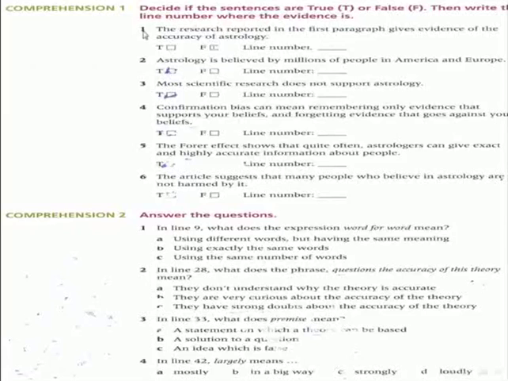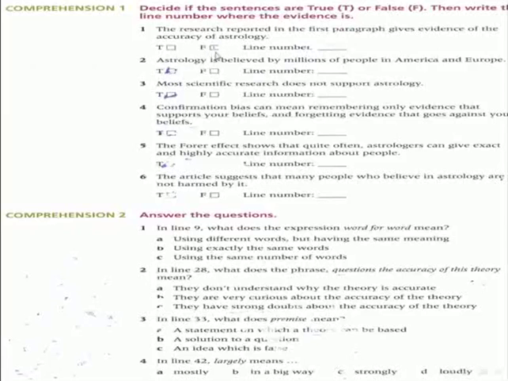Right. For example, number 1. First, I'm going to read it and give you the answer and line number. Number 1. The research reported in the first paragraph gives evidence of the accuracy of astrology, right? In the first paragraph, do you find evidence of the accuracy of astrology?